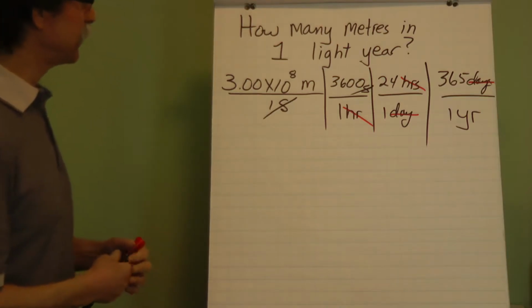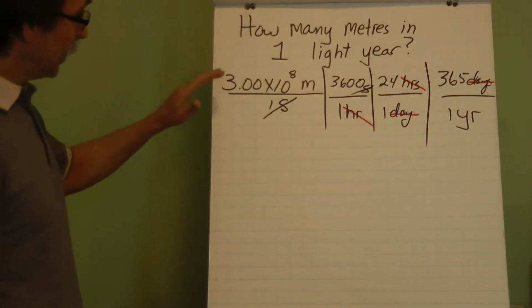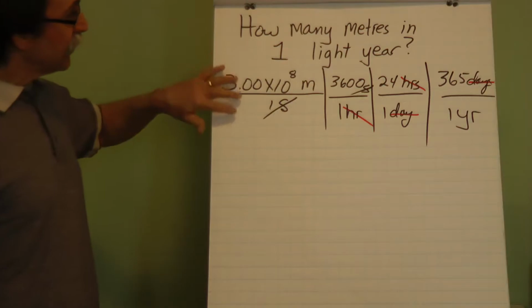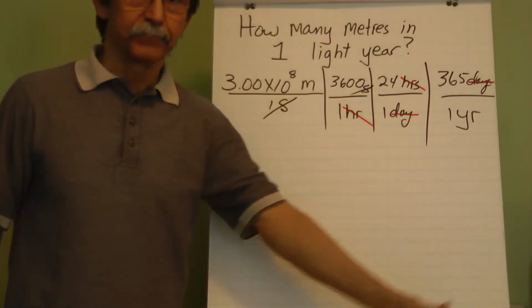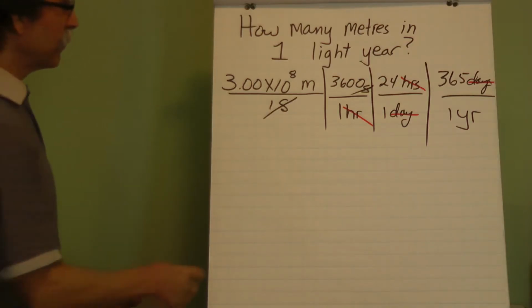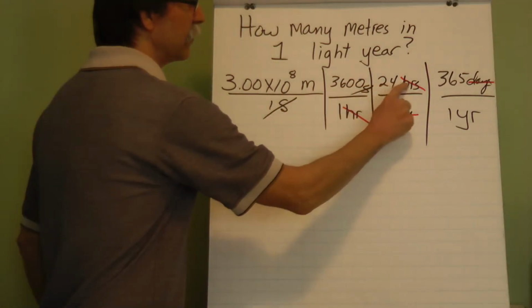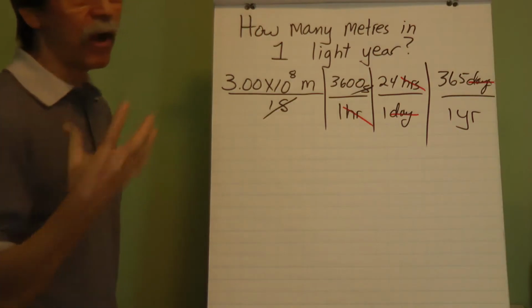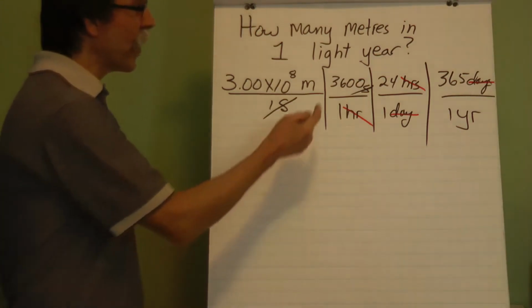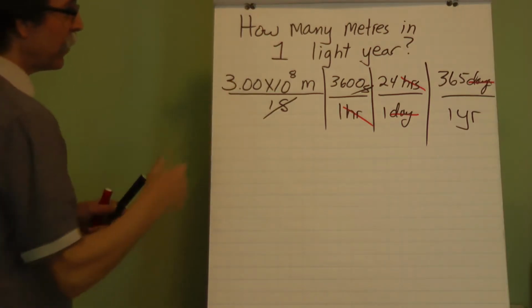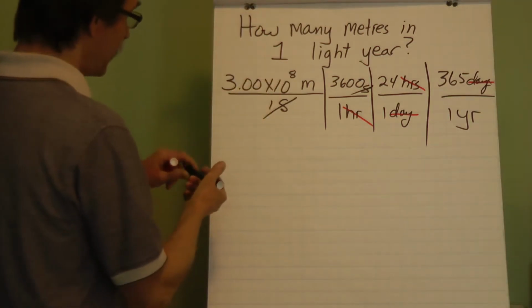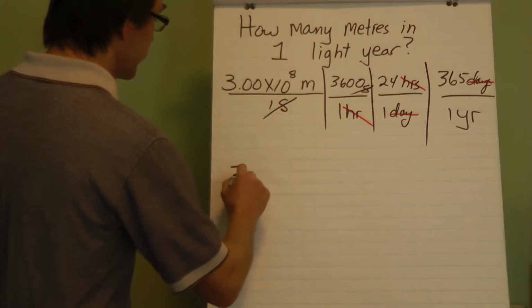We've got the units. Now, as I said before, I want to try this and see what I can do without a calculator. So I'm going to express these numbers approximately. I'm going to just round each number. So 3.00, well, let's just call that 3.